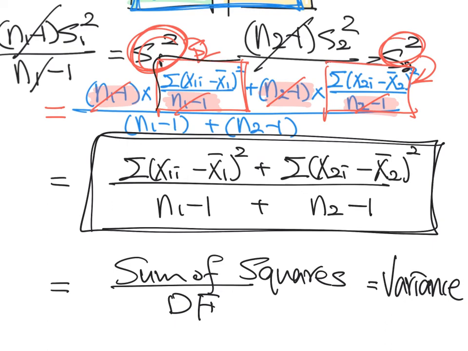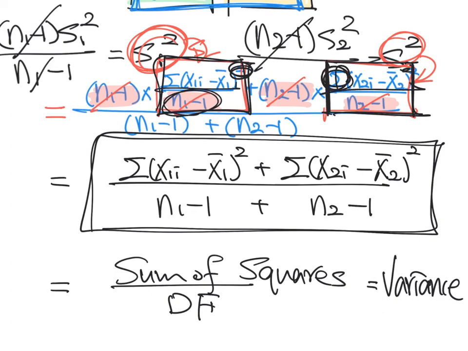Look at this. It was variance number 1, sum of squares divided by its degree of freedom. The second variance has the form sum of squares divided by its degree of freedom. Now we pooled two samples together. We merged two samples together.